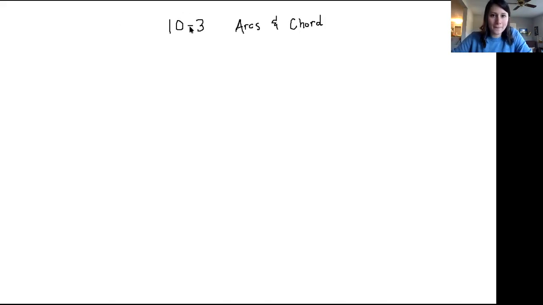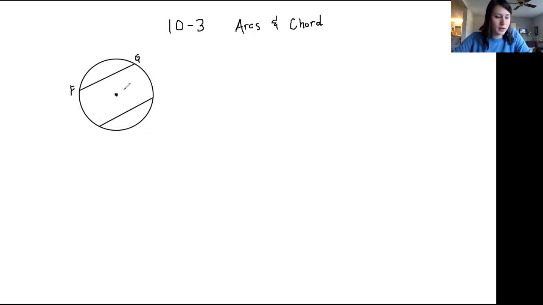So here's a circle, and let's say that I have two chords on my circle, and I'm going to name this chord FG, and I'm going to name this circle P or something, circle P. And this chord is HJ.